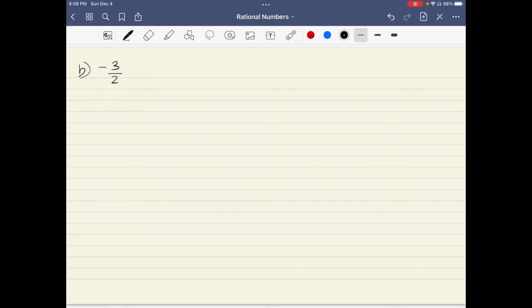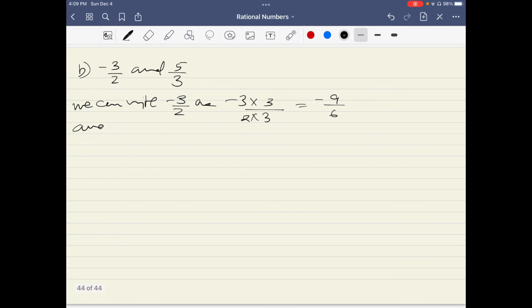And now part B of the same question, which is find 5 rational numbers between, this time, minus 3 over 2 and 5 over 3. Now again, to make the denominator the same, we can write minus 3 over 2 as minus 3 times 3 over 2, minus 9 over 6, and we can write 5 over 3 as 10 over 6.